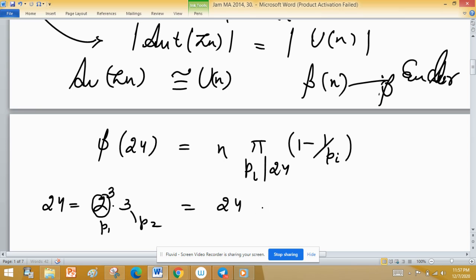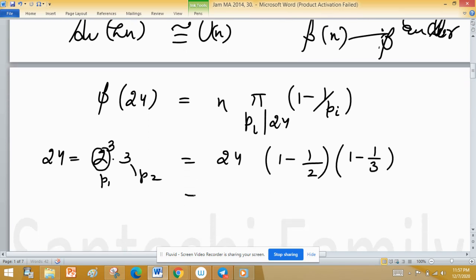So the product will be (1 minus 1 upon 2) and (1 minus 1 upon 3). It means 24 times 1 upon 2 into 2 upon 3. 2 3s are 6, and 6 4s are 24, 4 2s are 8. It means the total number of isomorphisms is 8.